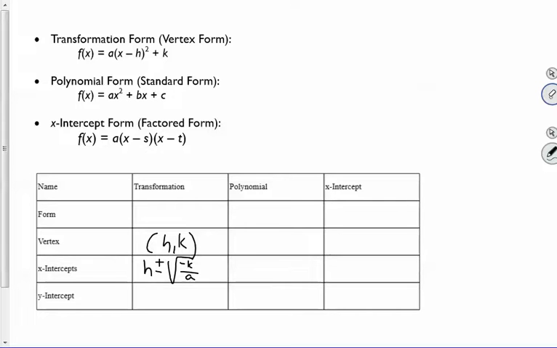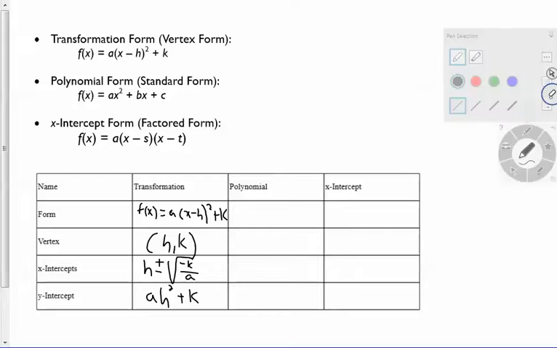If you need the y-intercept, you can find it from a times h squared plus k. This works in vertex form, f of x equals a times x minus h squared plus k. So you don't really need a graphing calculator for that.